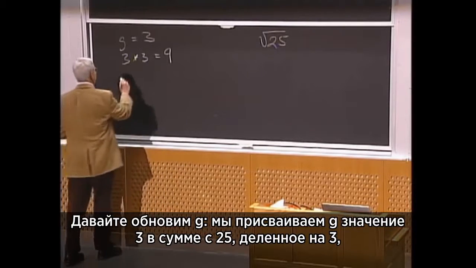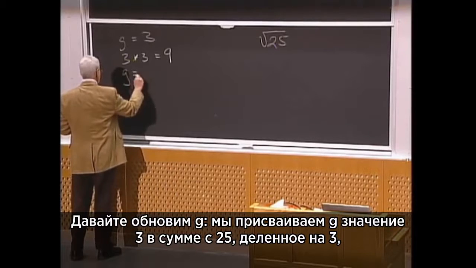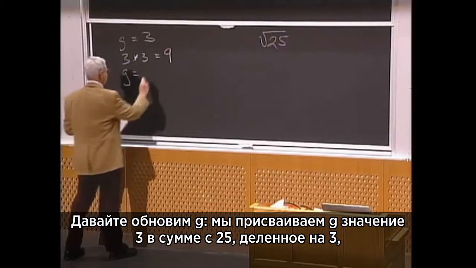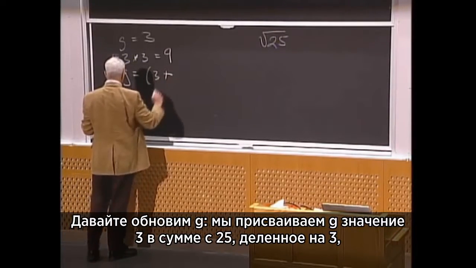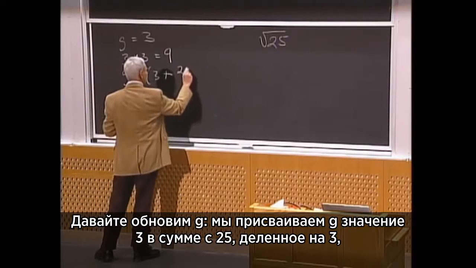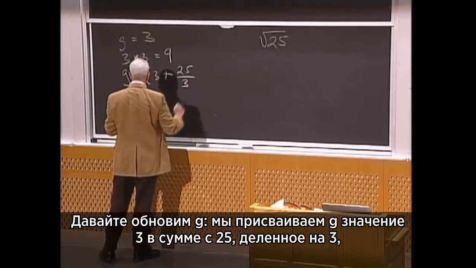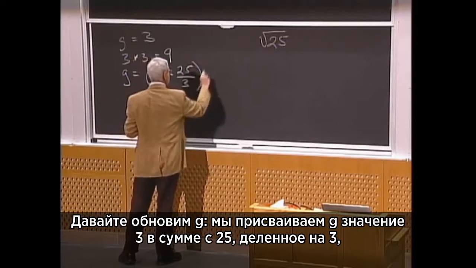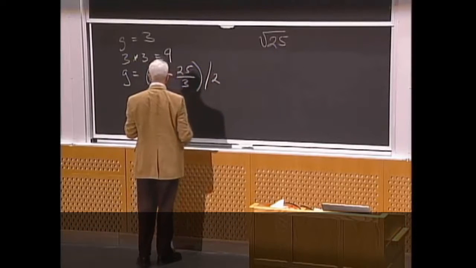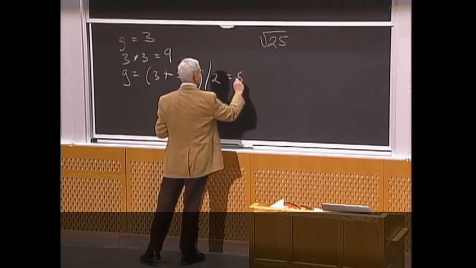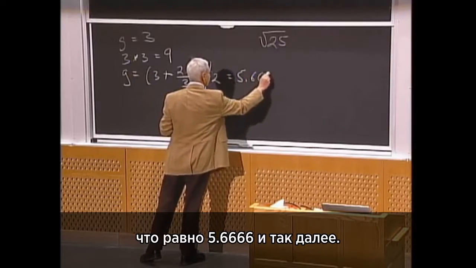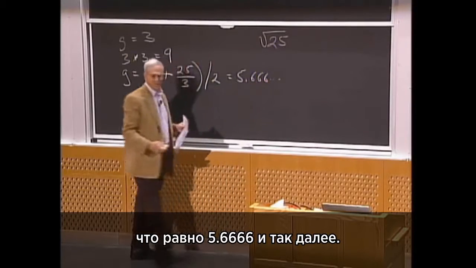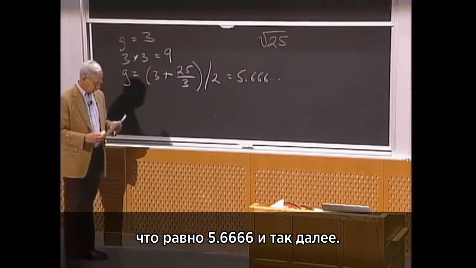So we'll reset G. And we'll set G to 3 plus 25 over 3, all of that over 2, which equals 5.6666, et cetera.